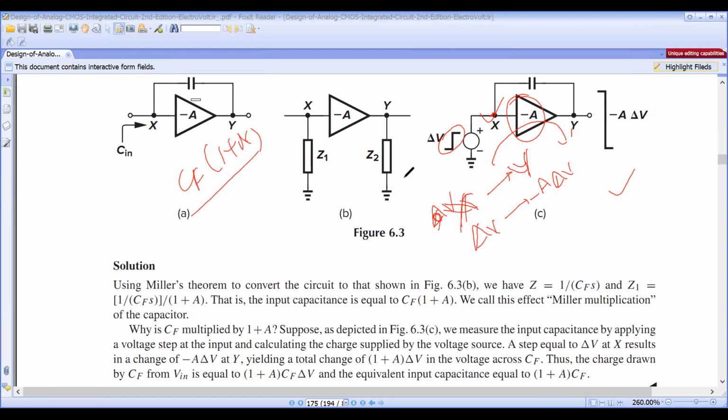Okay, so which yields the total change? What is the total change? The total change is equal to Y minus X. What is Y? Y is this much.